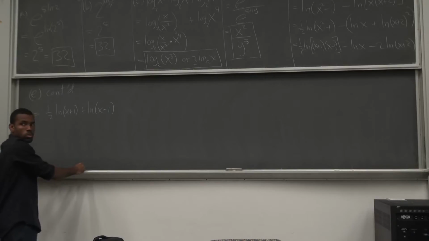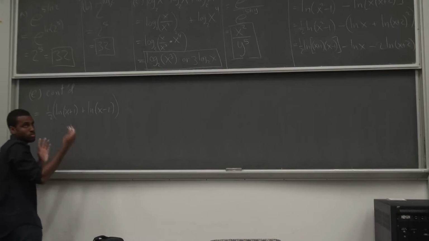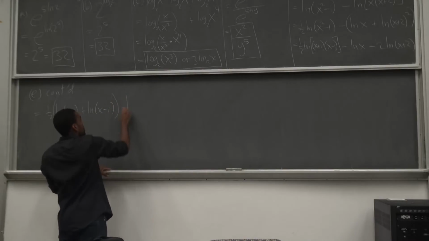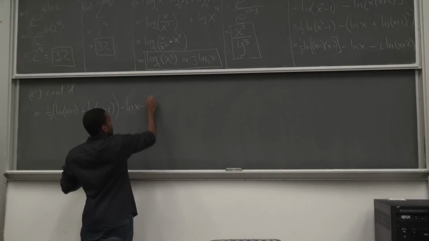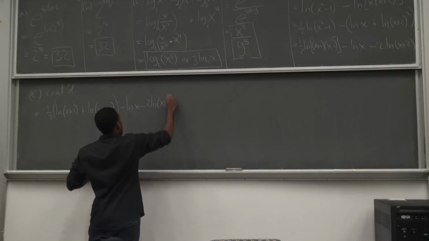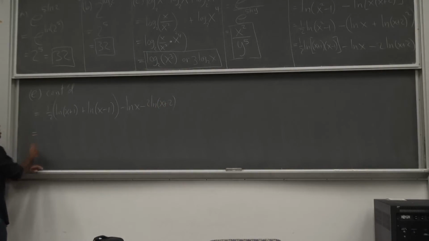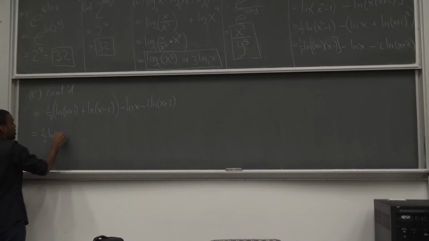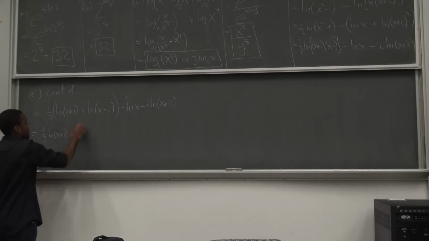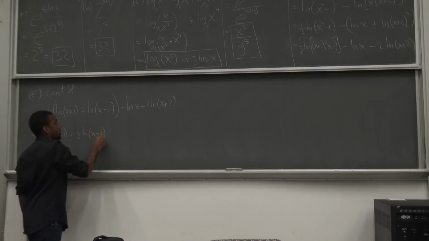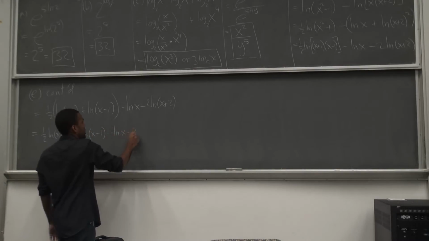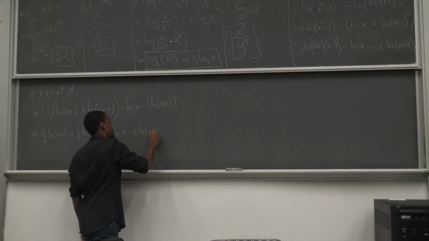No, you have to do half ln, parentheses, minus ln x minus 2 ln of x plus 2. So fully expanded, this would be 1 half ln of x plus 1 plus 1 half ln of x minus 1 minus ln x minus 2 ln of x plus 2.